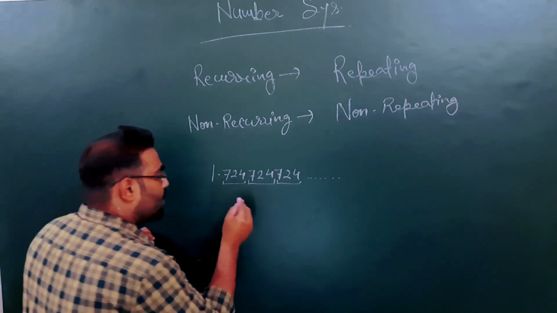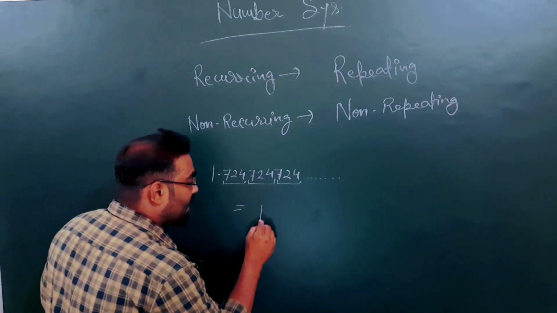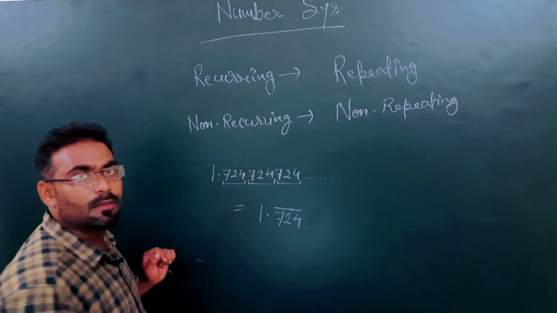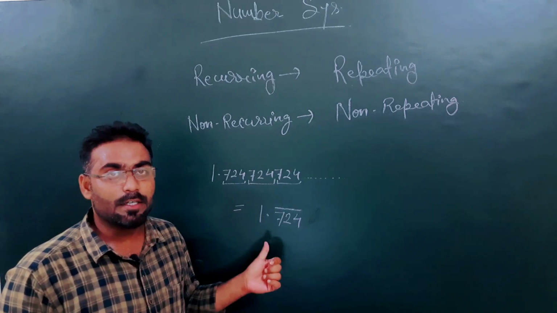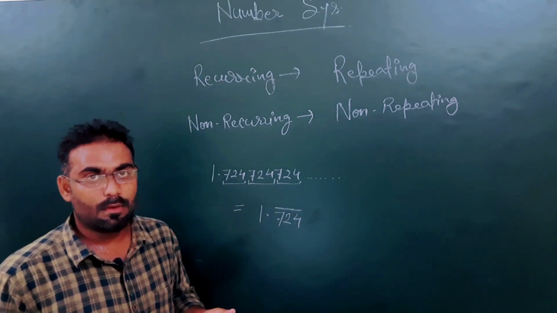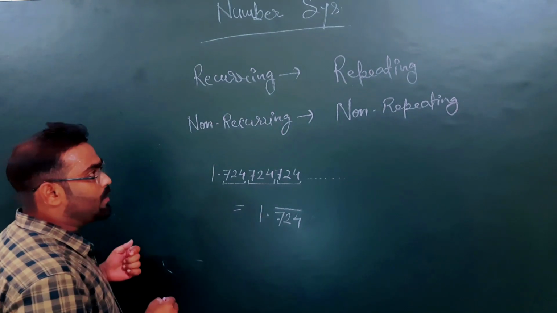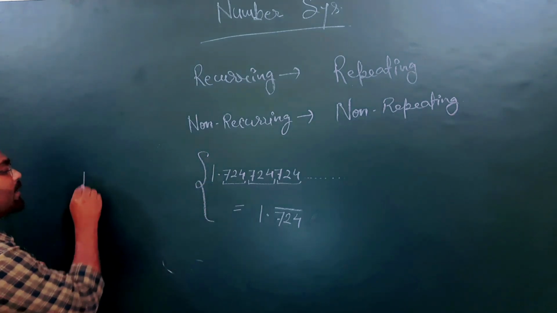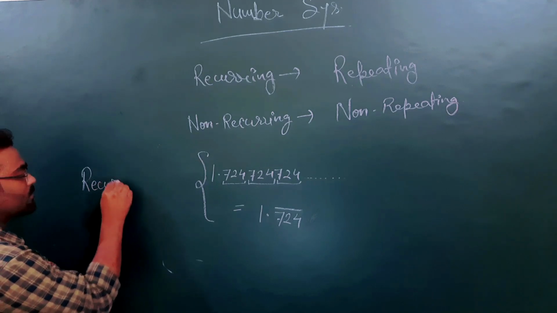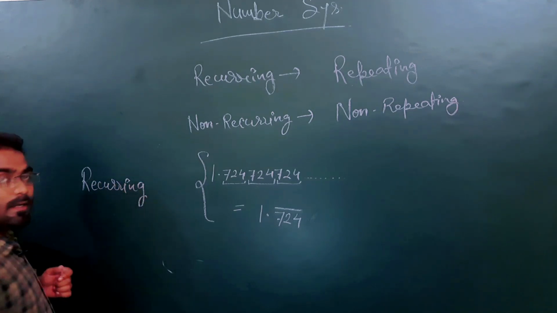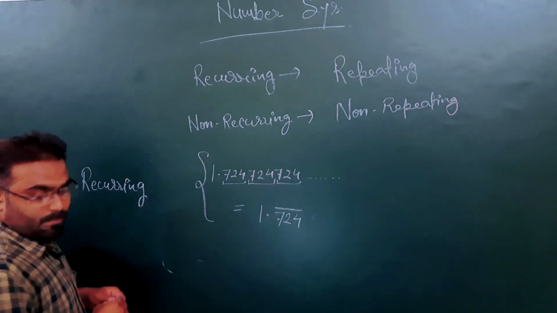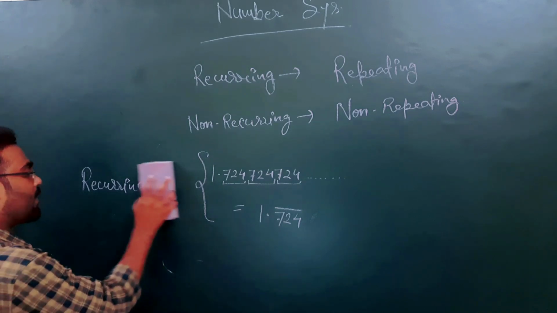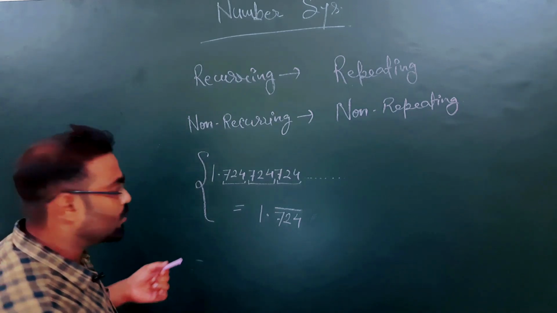It is. And I have already told you that the part which is repeated can be written with a bar over it. This is an example of recurring. Let's note it down, and further I'll go with the non-recurring part. I hope you have noted it down.